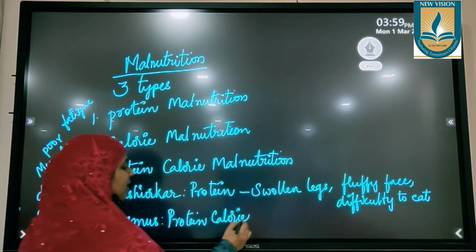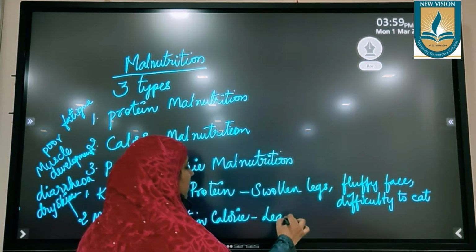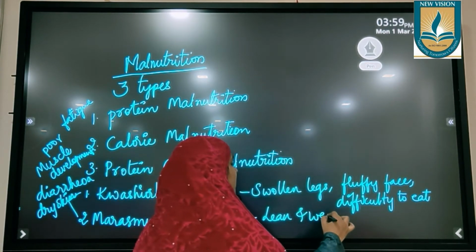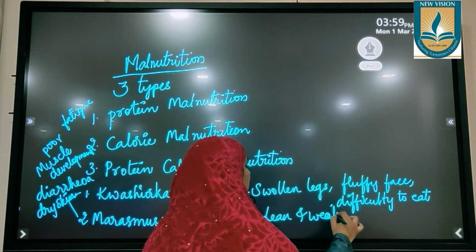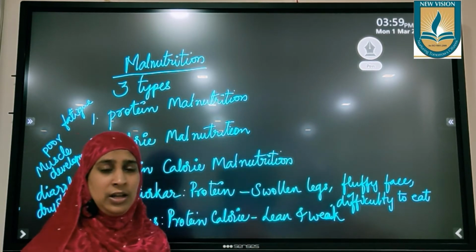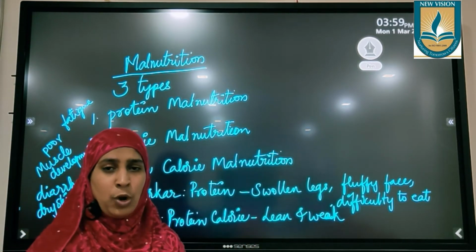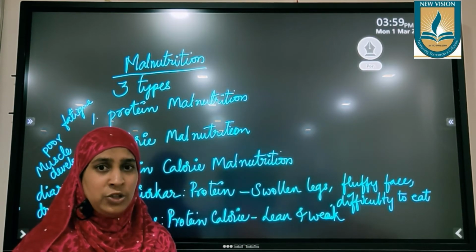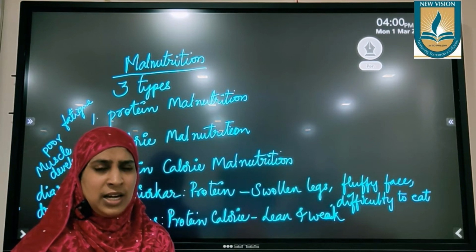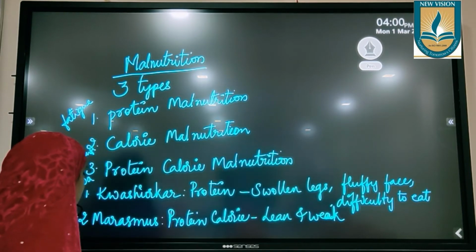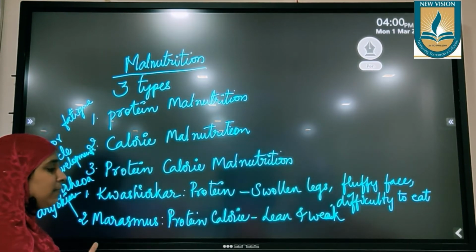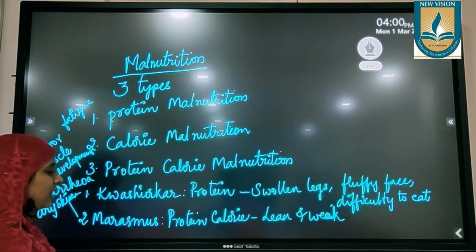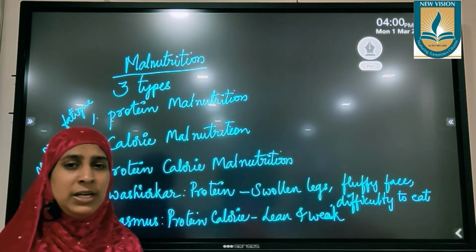In case of marasmus, there are lean and weak legs, a lean face, everything from top to bottom. You can see the skeleton and ribcage of that person, with very little muscle. Marasmus occurs when a child is weaned off immediately.